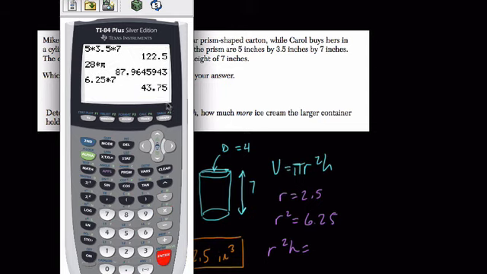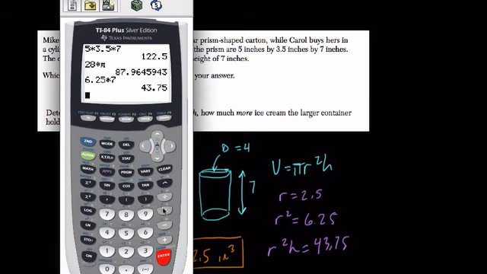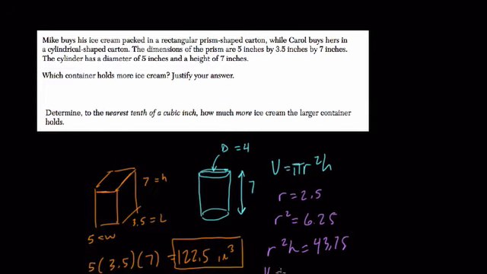It's 43.75, right? But we're multiplying that by pi. So times the pi, or second exponent button, 137.44. So the volume equals 137.44 cubic inches.